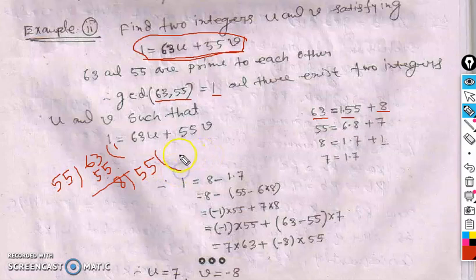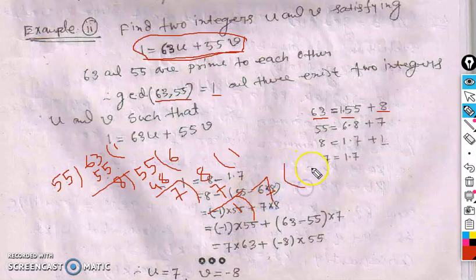So 55 equals 6 into 8 plus 7. When you divide 8 by 7, the quotient is 1 and the remainder is 1, and we divide 7 by 1.